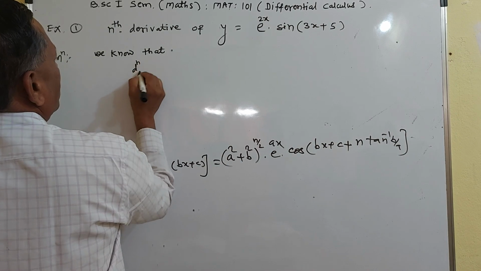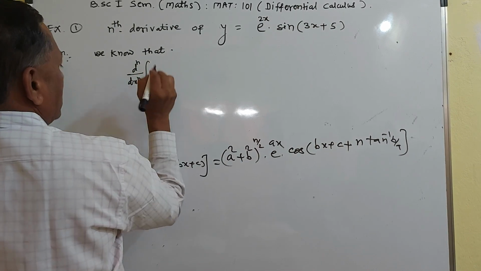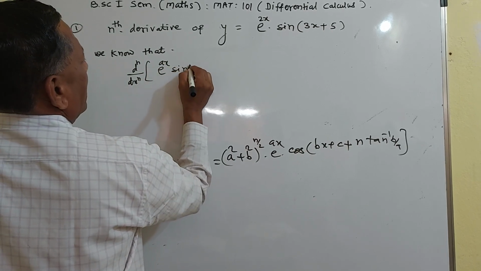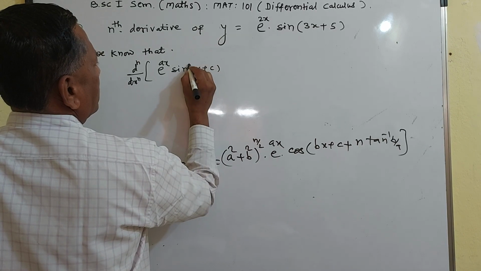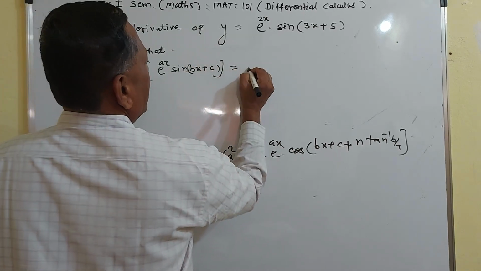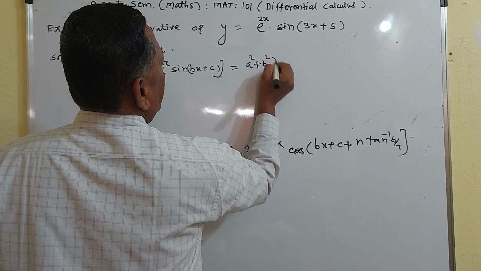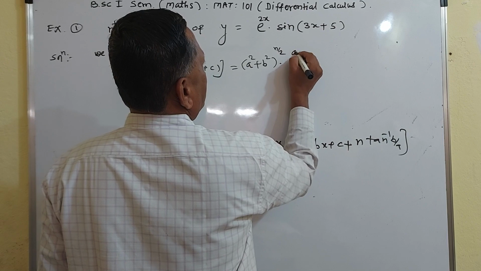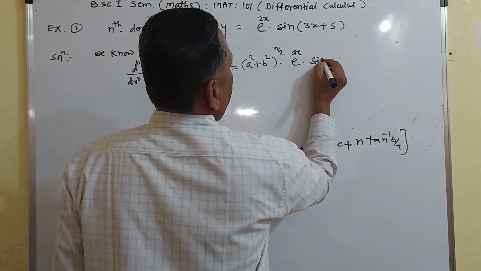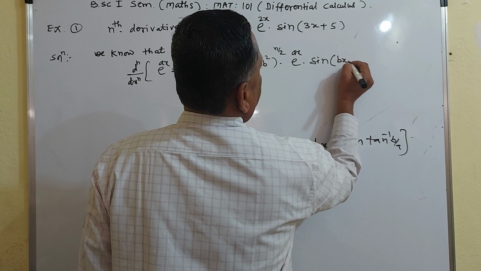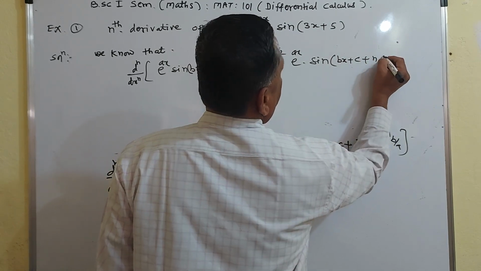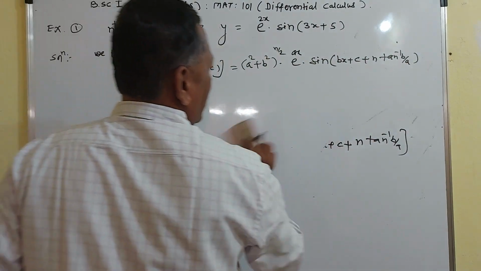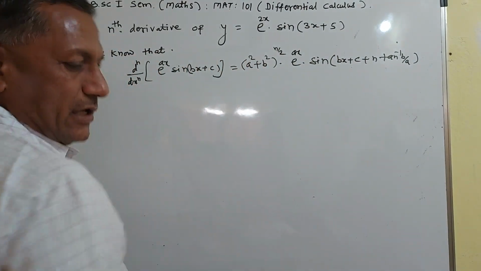The nth derivative of e raised to ax into sin of bx plus c is equal to a square plus b square raised to n by 2 into e raised to ax into sin of bx plus c plus n into tan inverse b upon a. So you know the formula. Using the formula, you write its nth derivative.